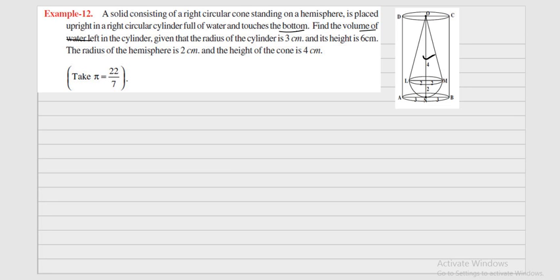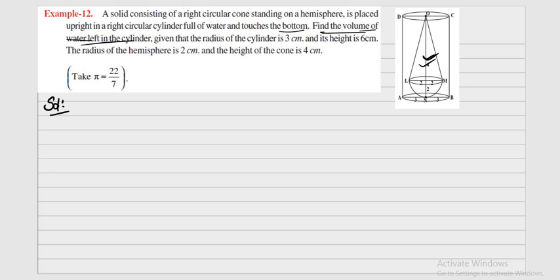So when it is immersed into this cylinder, some water will be spilled out, no? He is asking you to find out the volume of water that is left inside. So from this what we can say? Simply volume of total cylinder minus volume of this particular shape. So this particular shape volume we need to find out, right?